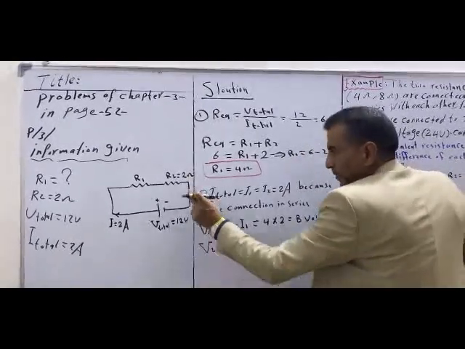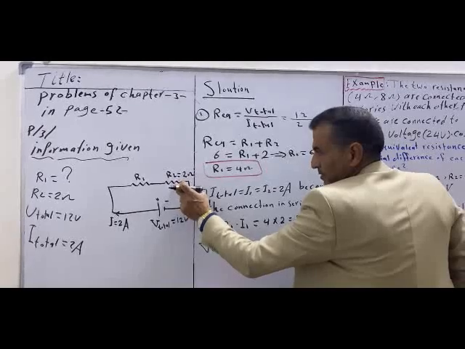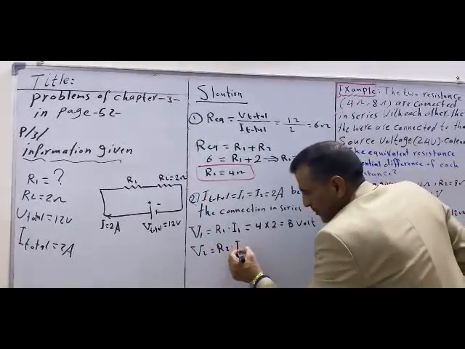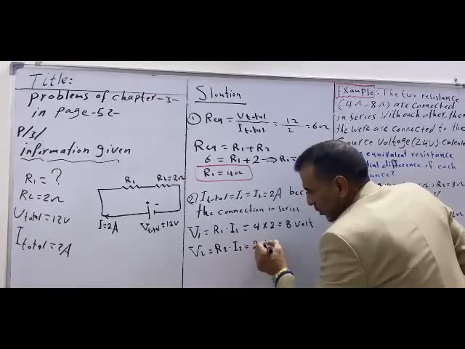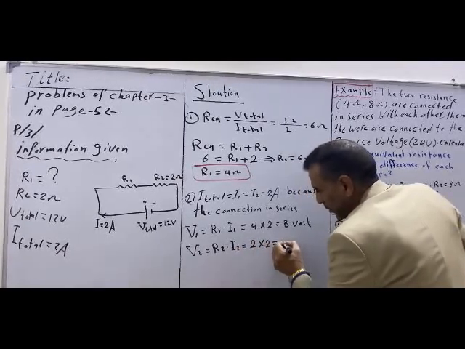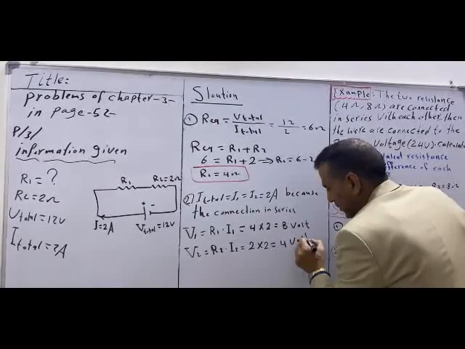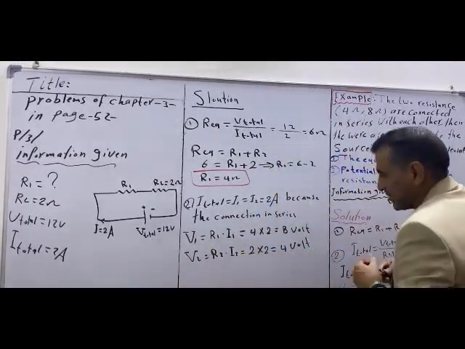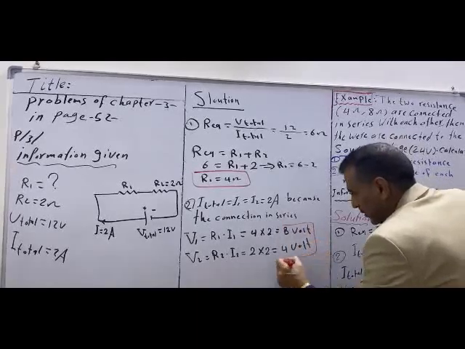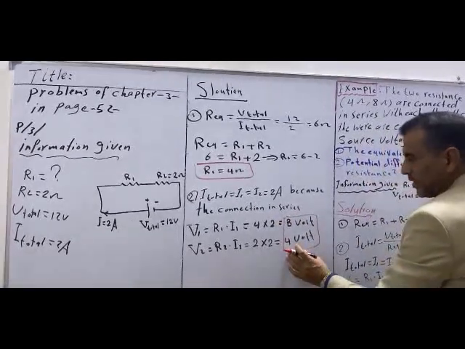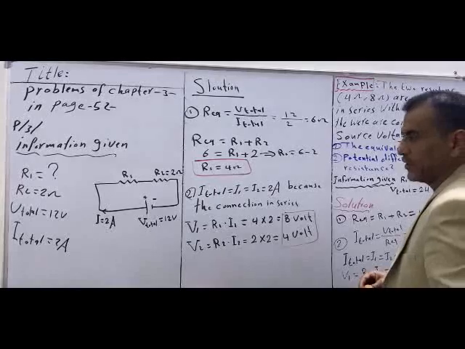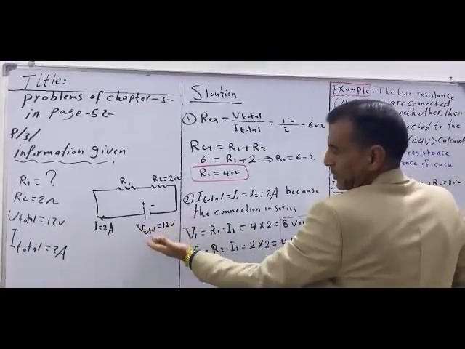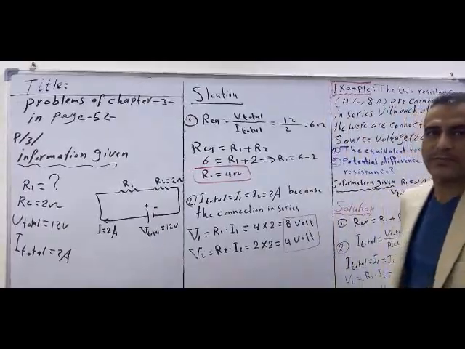V2 represents the potential difference of the second resistance, equals R2 times I2. 2 multiply 2 equals 4 volts. When we add 8 volt with 4 volt, it equals 12 volt.